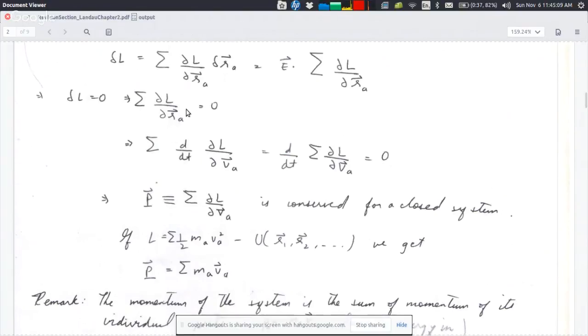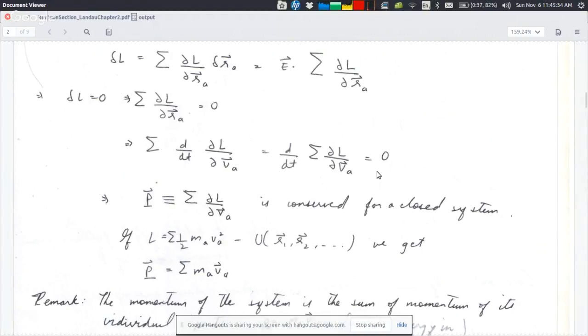This also implies that the time derivative of this object is 0. They've used the Euler-Lagrange equation, and they've said that this expression must be 0. They've taken the time derivative out because the summation doesn't depend on time.